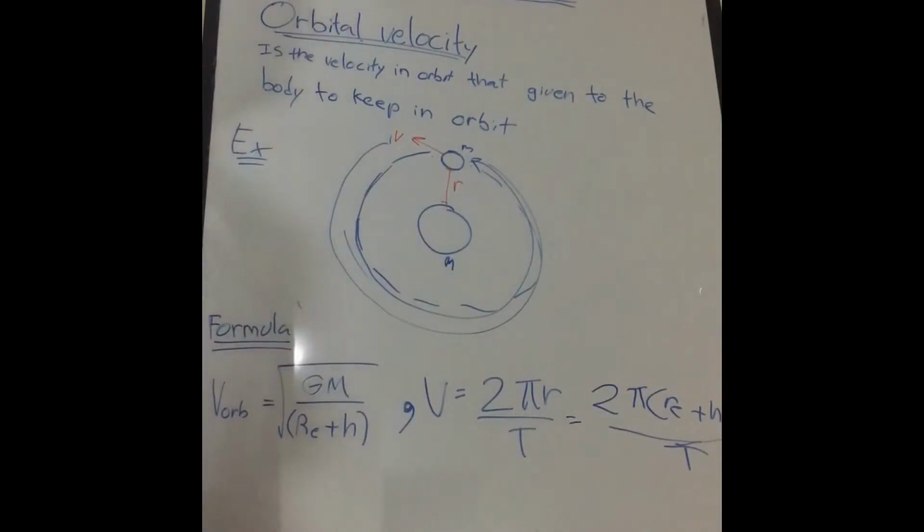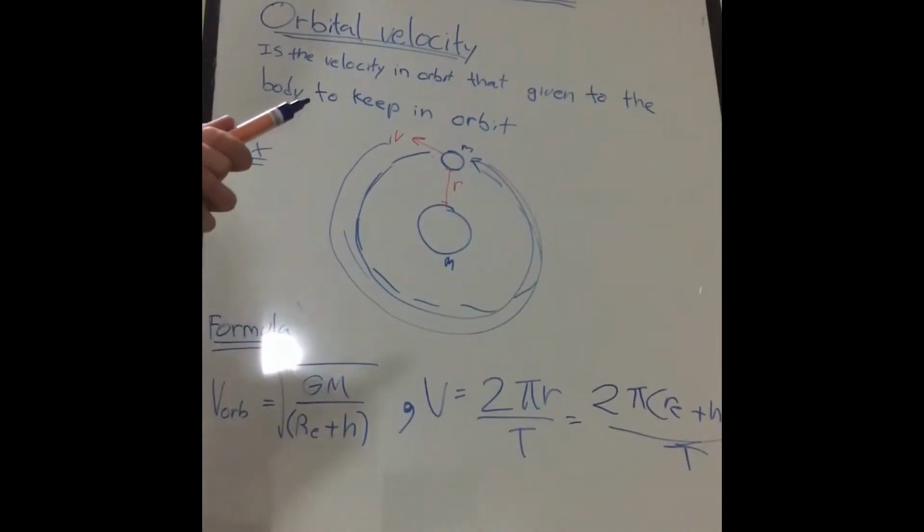Then we create the formula like this. The orbital velocity, v orbital, equals the root of G constant multiplied by the mass, divided by the radius or the distance plus its height.